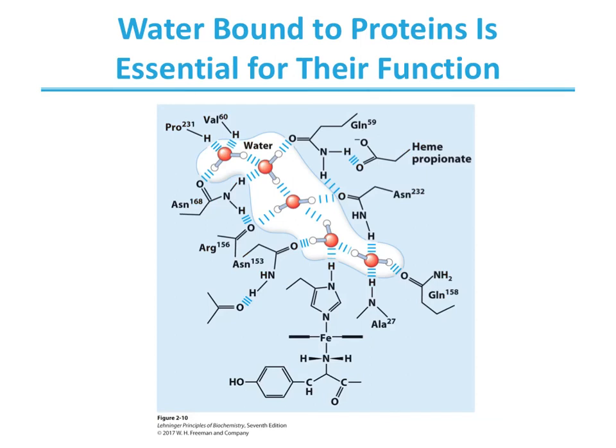Oftentimes, water is bound to proteins, and that is essential for their function. This picture shows water bound in a proton channel of the membrane protein cytochrome F, which is part of the energy trapping machinery of photosynthesis and chloroplasts. 5 water molecules are hydrogen bonded to each other and to functional groups of the protein.